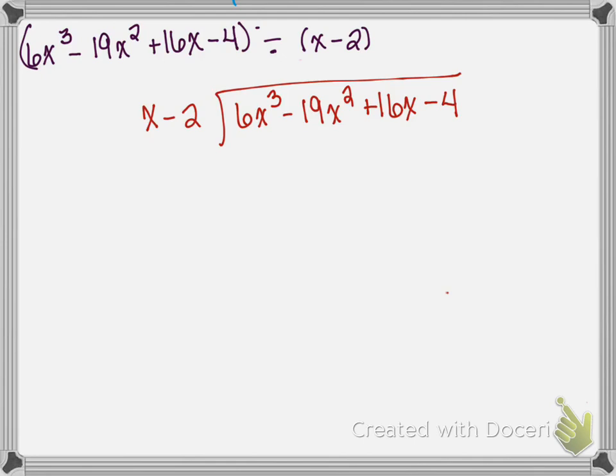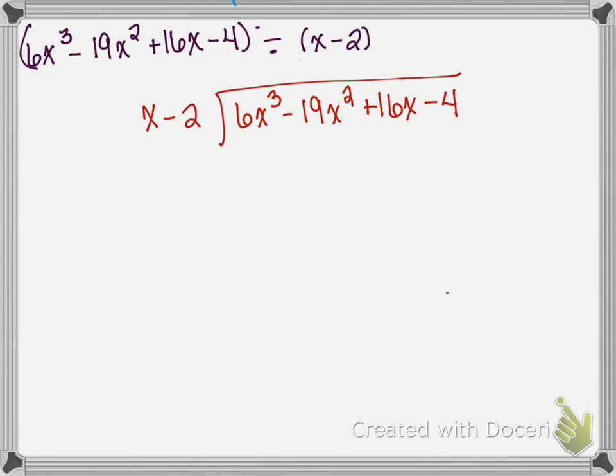X squared. Then I would get 6x minus 19. What goes into the second 2 terms? 4. Am I going to get 6x minus 19 when I factor out the second 2 terms? No, so it's not going to work. So division is what allows us to find factors when these aren't factorable, because this is not factorable. So we have to use division to try and find it out.